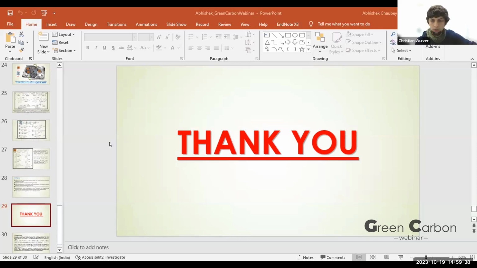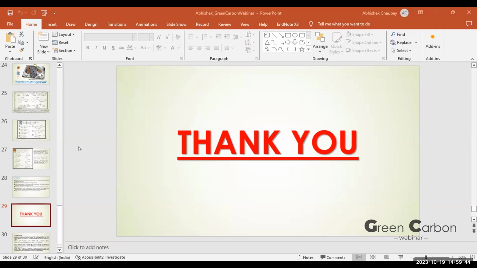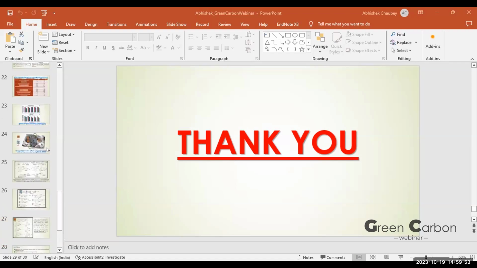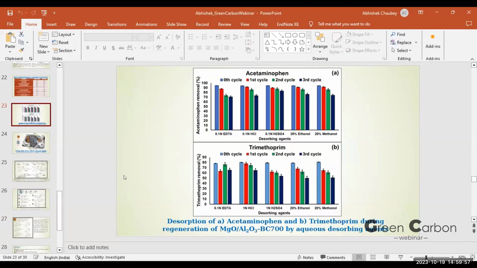And do you know how much regeneration agent you need to desorb? So in my case, I took 0.1 gram of adsorbent and mixed it in 25 ml of eluent, like 0.5 ml of EDTA, HCl, H2SO4, and these alcohols.